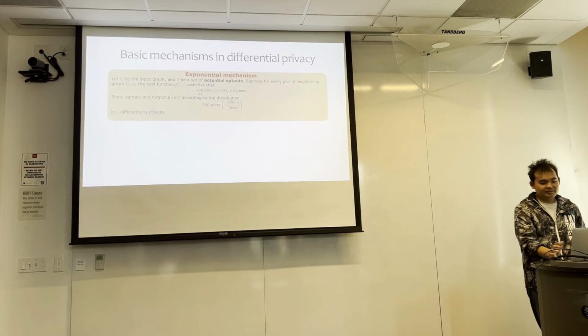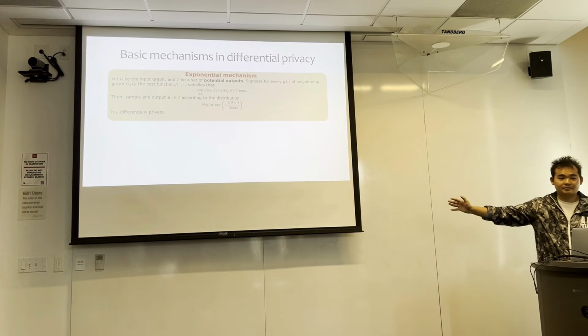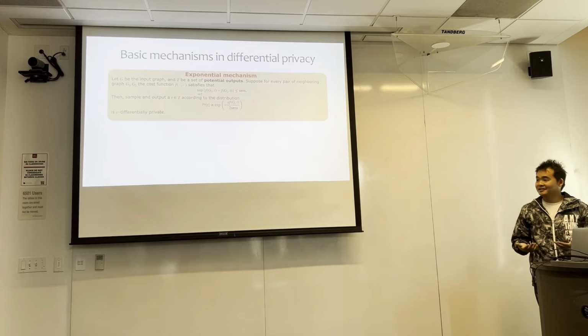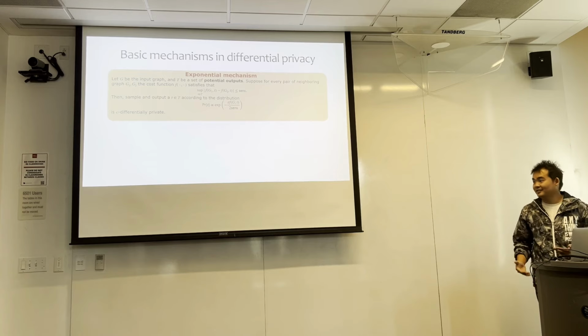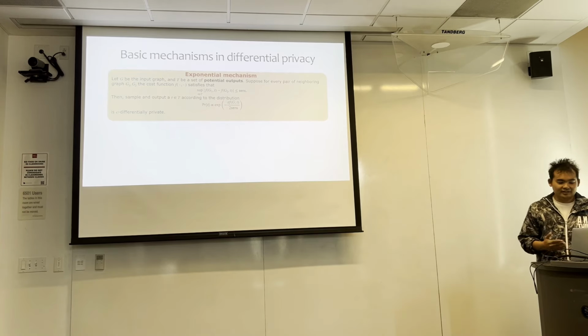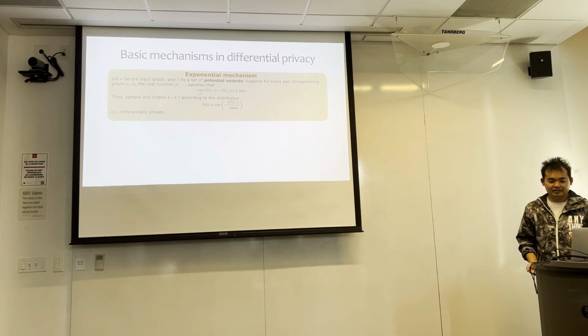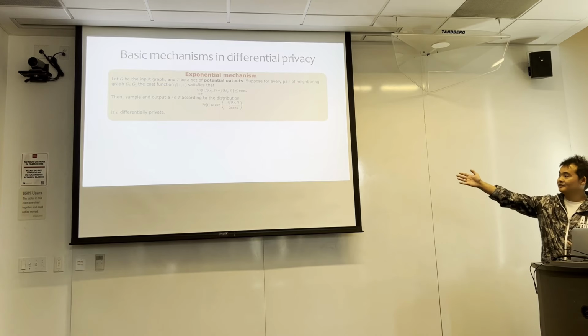Okay, so you can see there is a trade-off between utility and privacy. If epsilon is 0, then it is equivalent to just a uniform sample. So it is perfect privacy because it does not depend on the input at all, but the utility is bad. And if epsilon is infinity, then it exactly outputs one of the cuts that minimize the cost function.